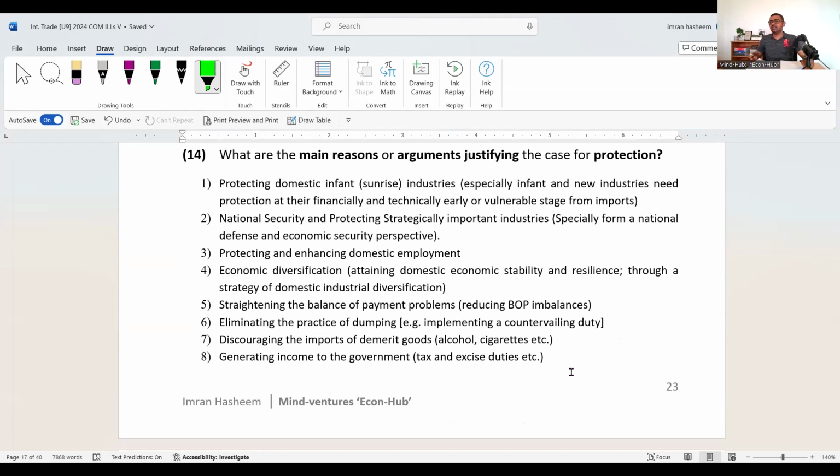Protecting the domestic infant, sometimes called sunrise industries, they're just coming up. They need some protection. But at what age do you need your parents to protect you the most? At what age do you need your parents to protect you the most? Where you can't protect yourself.